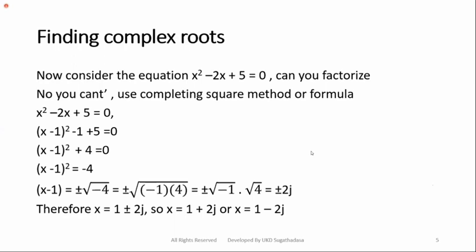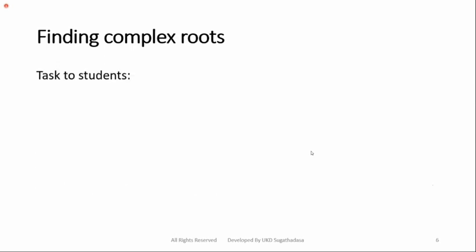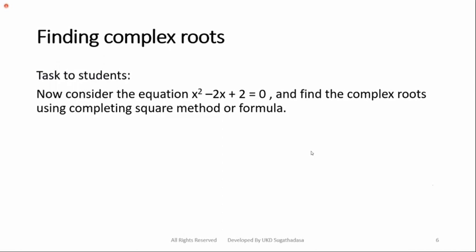I think I asked you to bring some papers and pen with you. You have to do some calculation as I mentioned. I will give you some exercise to practice, a task for students. Now write down this equation: x² − 2x + 2 = 0, and find the complex roots using the completing square method or the formula.